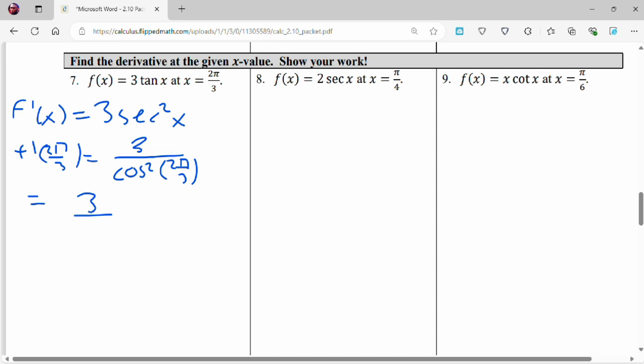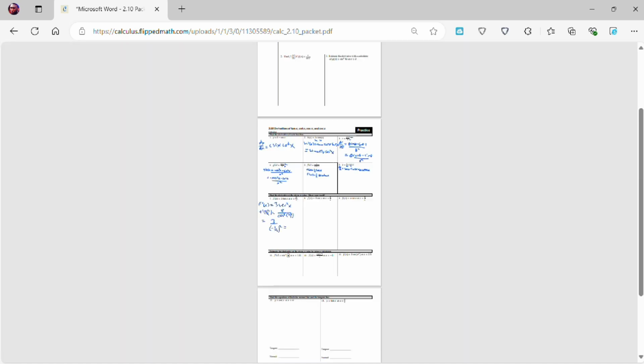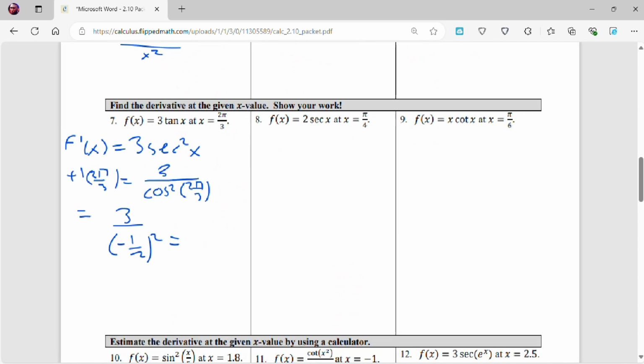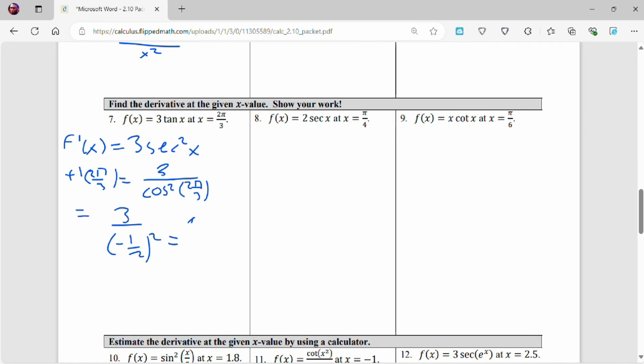So that should be negative 1/2. So negative 1/2 squared. 3 over 1 over 4. So that should be 12, right? Because dividing by 1/4 is like multiplying by 4.